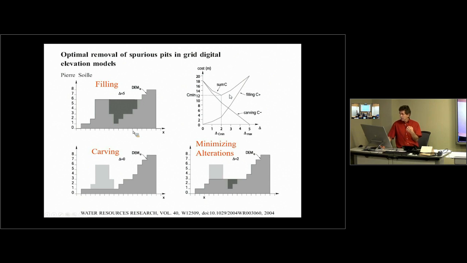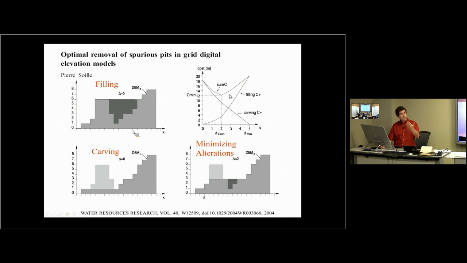And as he looked for the various increments in terms of raising and lowering, he was looking at the sum of the changes across the whole domain. So carving, you have one set of reductions in elevation.